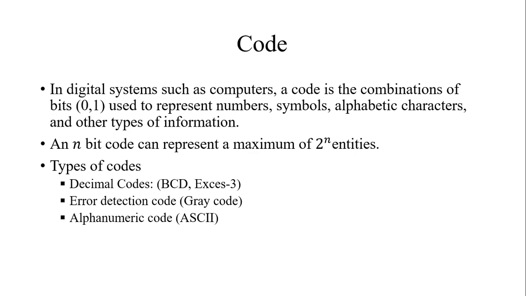What is a code? A code is basically a combination of bits which is used to represent digits, numbers, symbols, alphabetic characters, or any other type of information. An n-bit code can represent a maximum of 2 raised to power n entities, characters, symbols, digits.